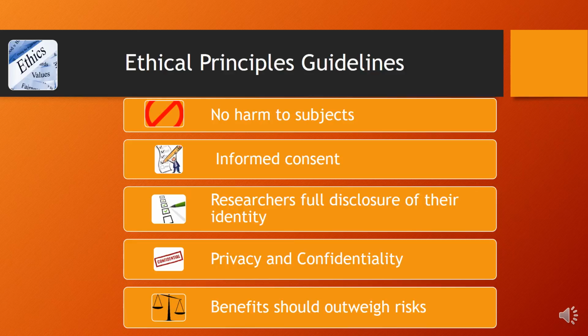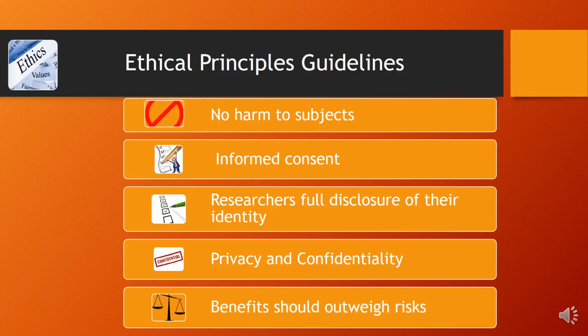For example, after a research study is conducted, how is data secured? How is the data coded so participant identifiers are not disclosed? How long is the data kept? And how will it be destroyed? These are all items that are related to maintaining privacy and confidentiality.